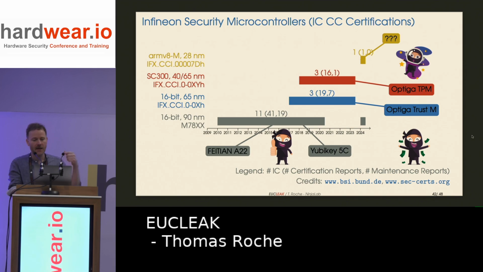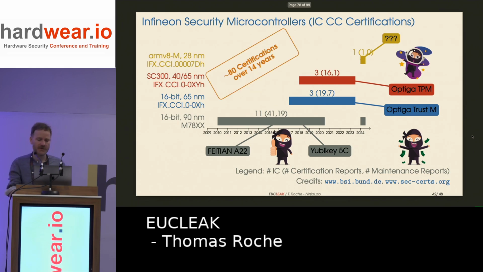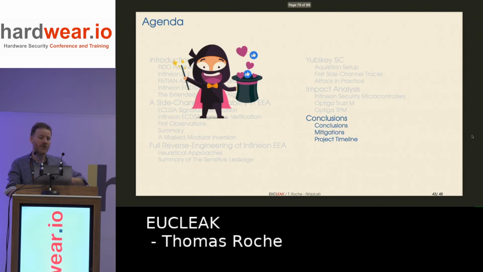And there is no product that we know of, or that is accessible to us, based on this component. So somehow we concluded that all Infineon cryptolib versions are affected by this vulnerability. This means that this cryptolib went through more than 80 certifications at the highest level in Common Criteria over 14 years.